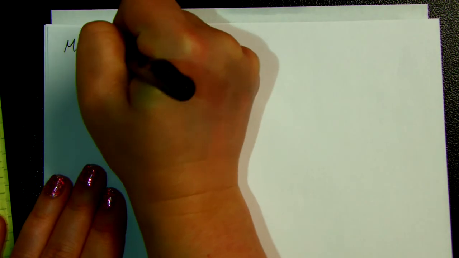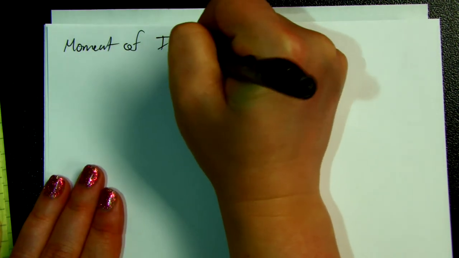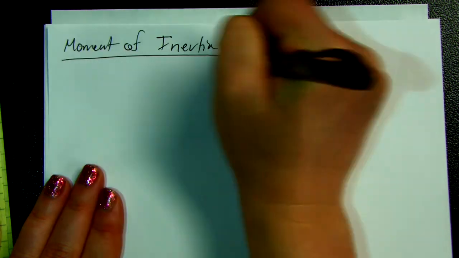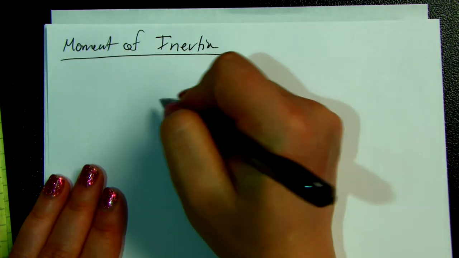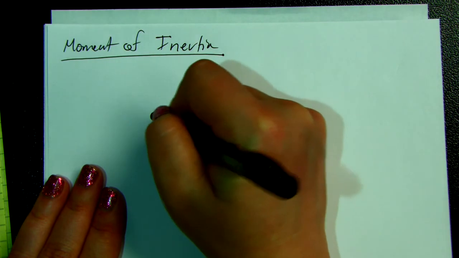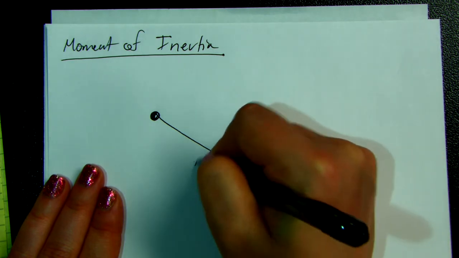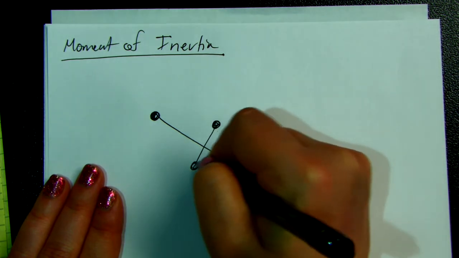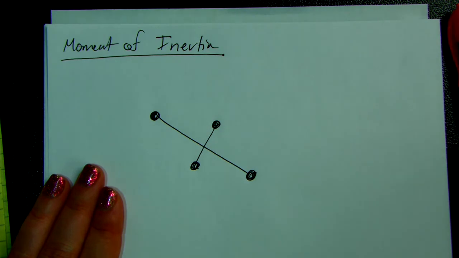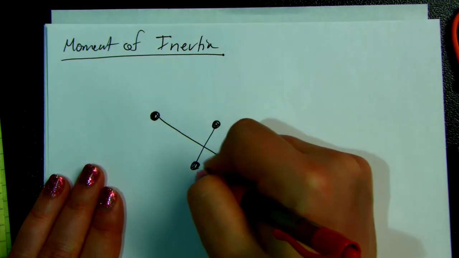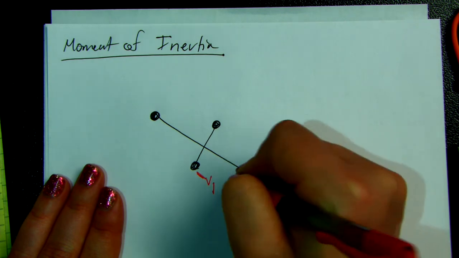To understand rotational kinetic energy, I'm going to need to introduce a concept known as the moment of inertia. And it's just as epic as it sounds. Maybe. Let's say we've got a four-mass object and it's rotating. Let me draw some things on it.